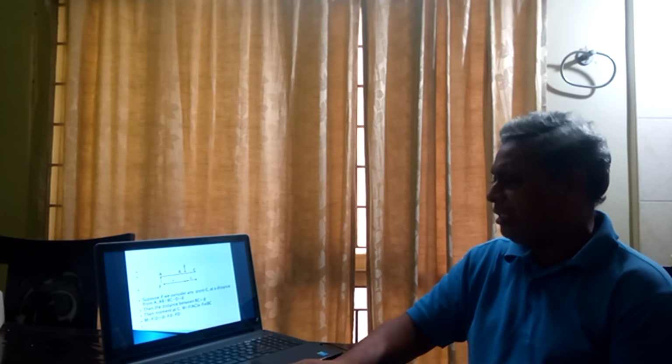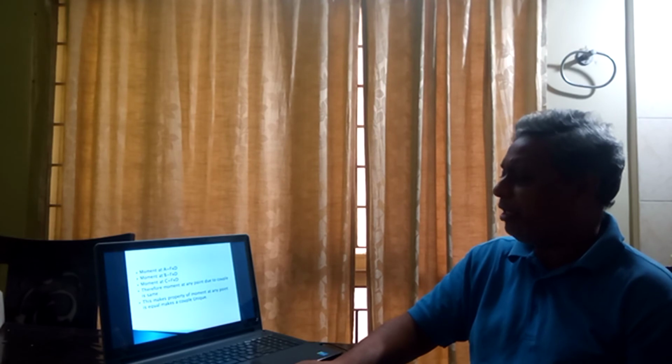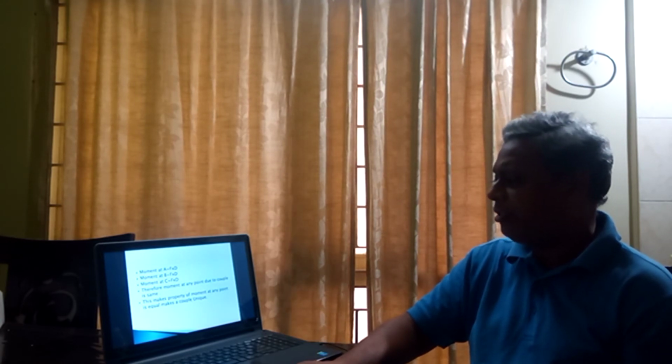Similarly, if we consider the moment at B also, it is force into distance. The moment at A also is force into distance. So if we see at three points, the moment at A is equal to force into distance, the moment at B is equal to force into distance, and the moment at C is equal to F into (D plus d) minus Fd.